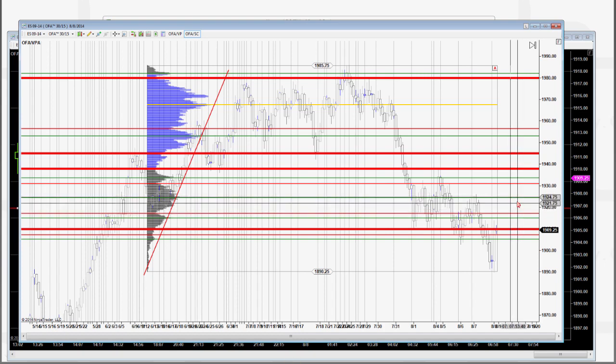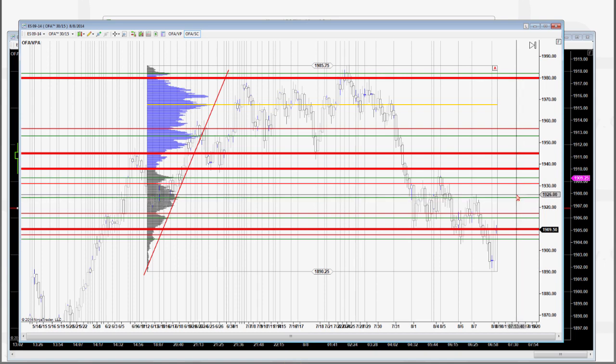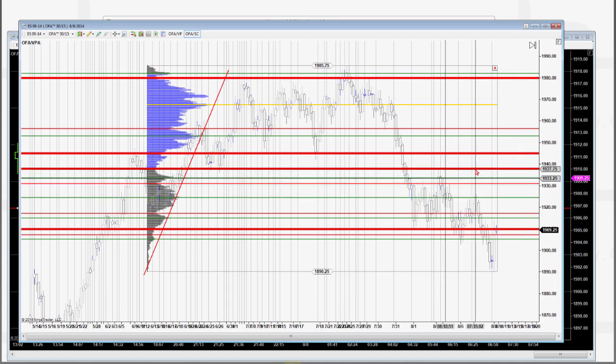24.75. If price moves back up to the 24, 25, 26 level and a VPOC or high volume area starts being established here later in the morning or the day, that tells me I have acceptance higher, and at some point it's likely to test back up to this swing high, potentially 37.75.